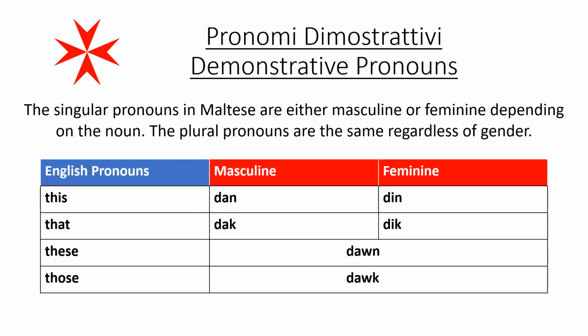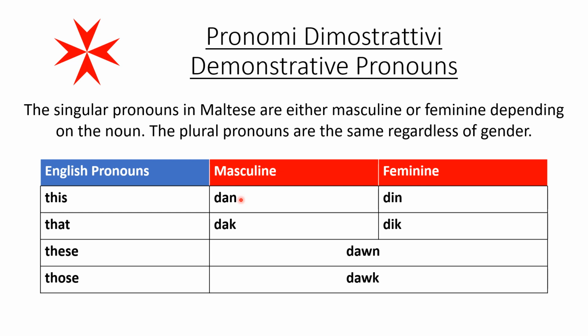The next group of pronouns are the demonstrative pronouns, which is the word to describe this, that, and these and those in English. So this and that, of course, are to describe things that are close to you, nouns that are close. And in Maltese, there's a distinction between whether the noun is masculine or feminine. We won't go into today the difference between masculine and feminine nouns, but it's just enough to know that there's a difference between the words.